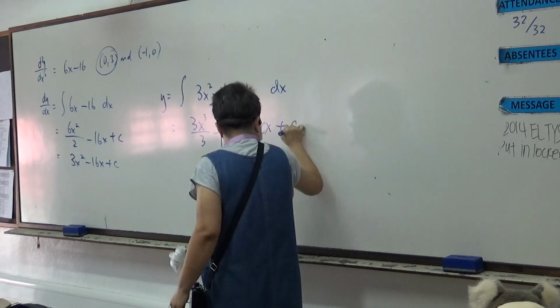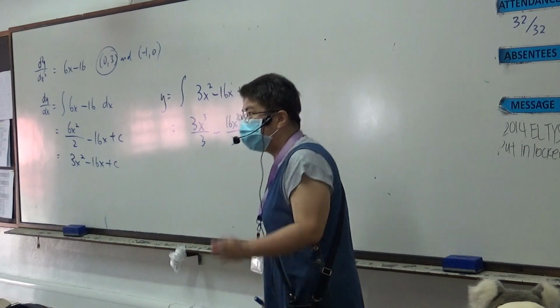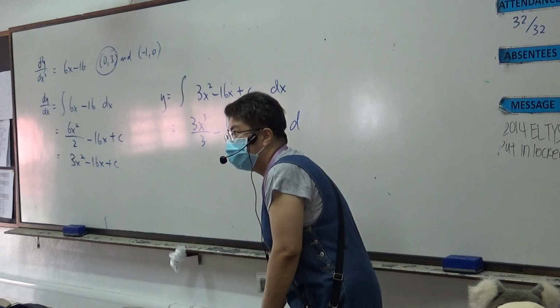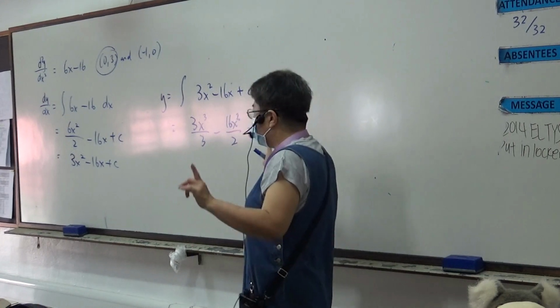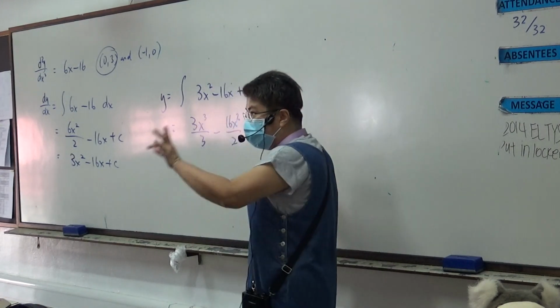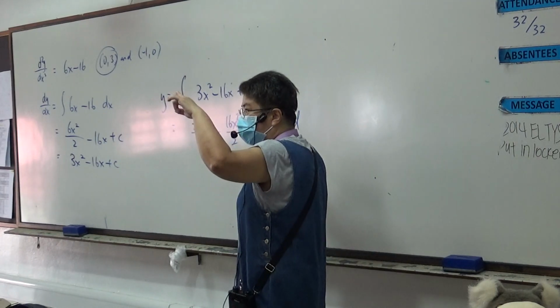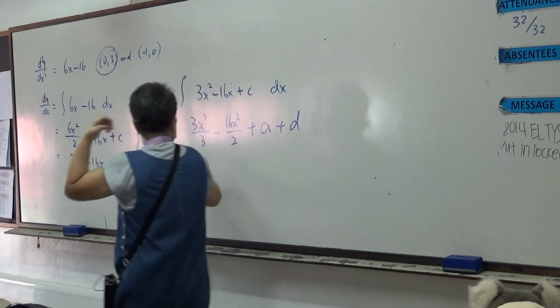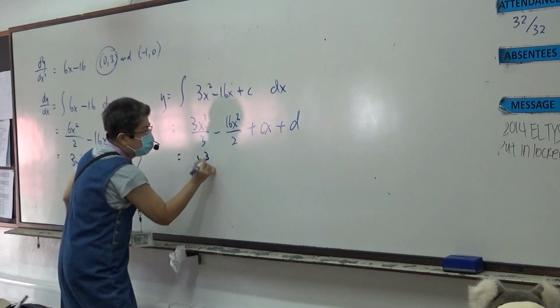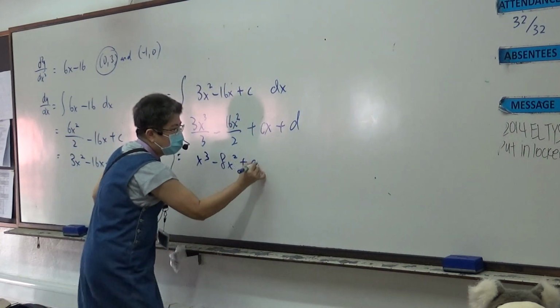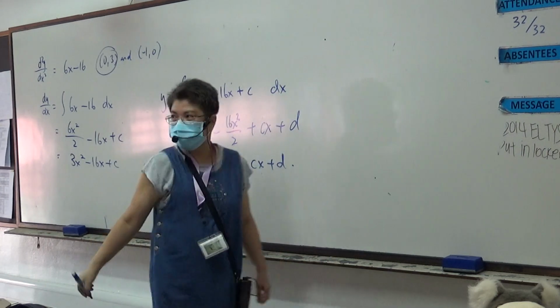Constant times x. Then I must plus a d, because there's another constant. Agree? Now, for the constants, you use c, you use d. I told you don't use e, straight away jump to f, because e is a special number. So I will have x cubed minus 8x squared plus cx plus d, right?